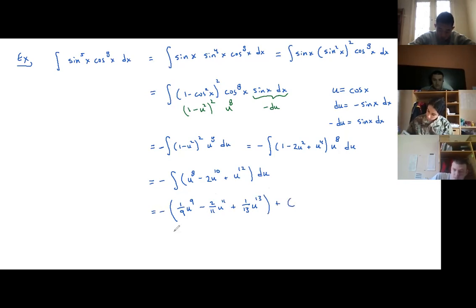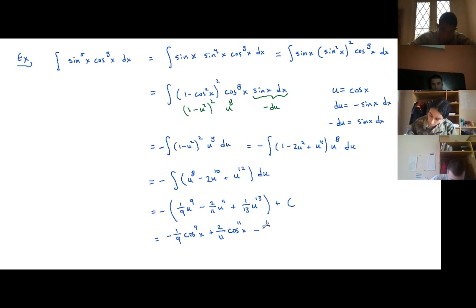There's that minus sign living out front. I'm going to bring it through. So negative 1/9. Substitute back. Cosine to the 9th x plus 2/11 cosine to the 11th of x minus 1/13 cosine to the 13th x plus c.